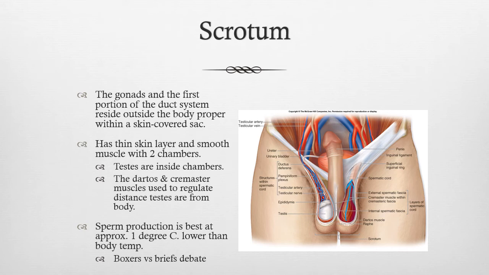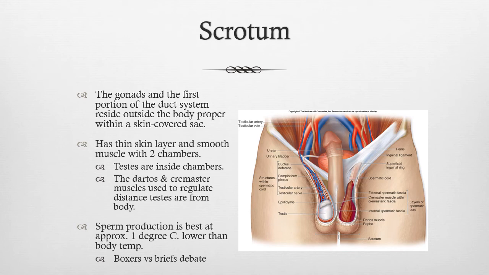If the body temperature and outside temperature is more warm, then the muscles are going to relax, allowing the testes to move away from the core of the body to keep that temperature roughly 1 degree centigrade lower than the total body temperature itself.